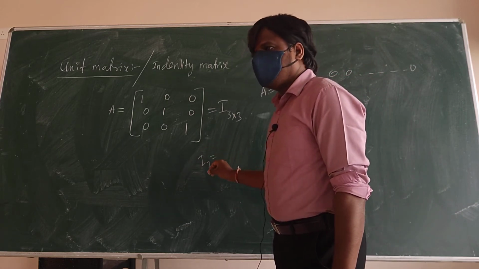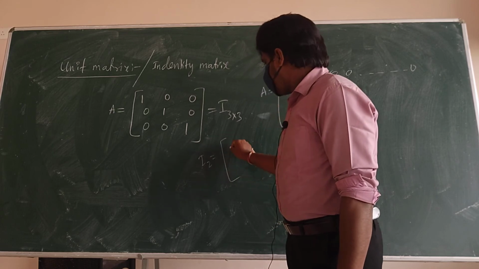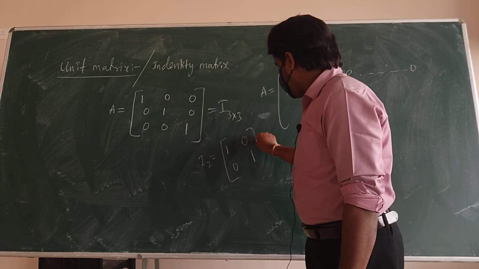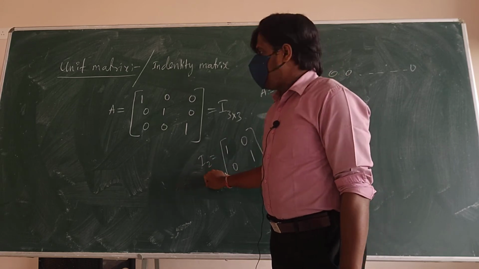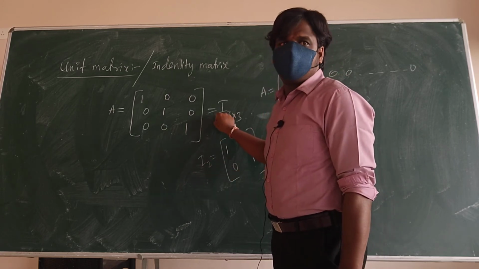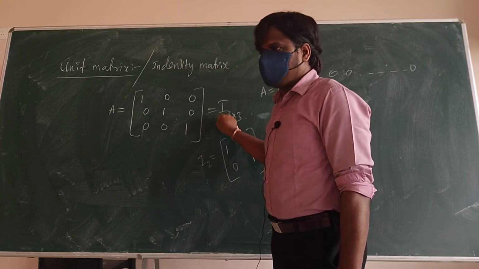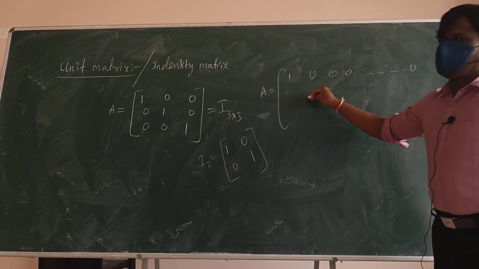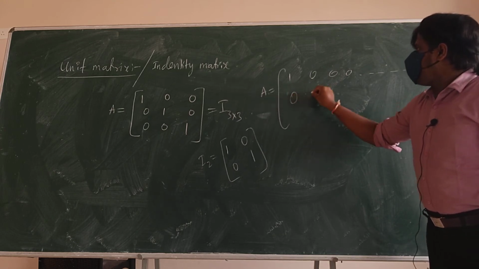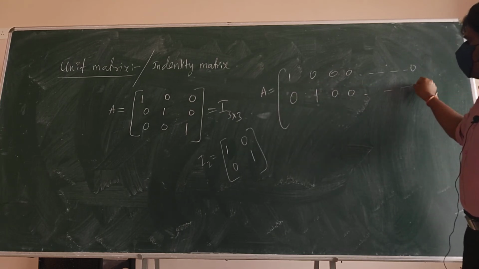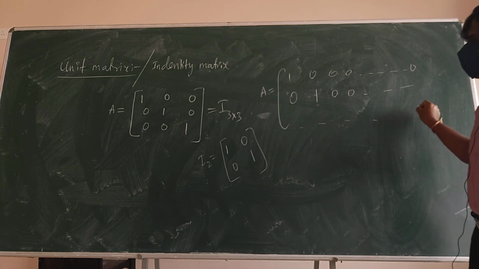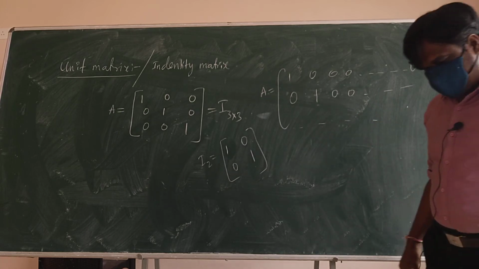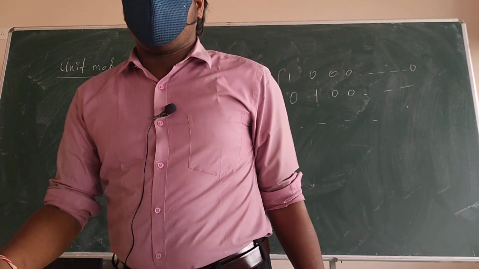I2 means 1, 0, 0, 1. This is the I2 matrix, and this is the I3 matrix. If I write n times, 0, 1, 0, 0, 0 like that, it is the In matrix. This is the unit matrix.